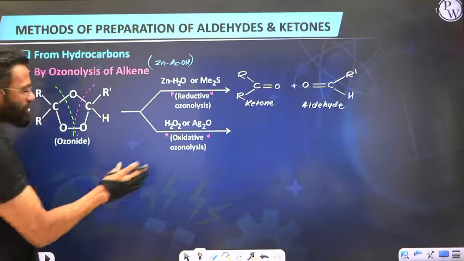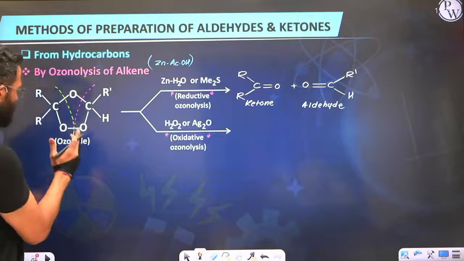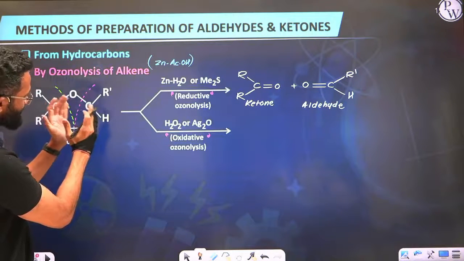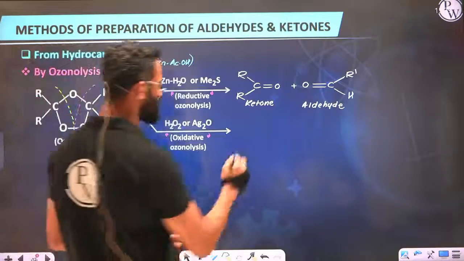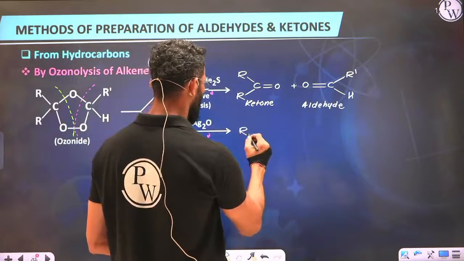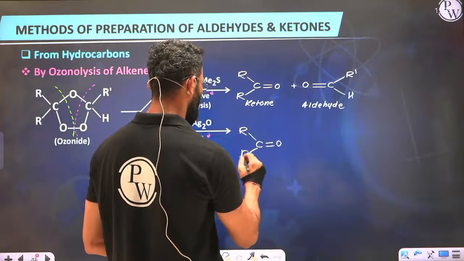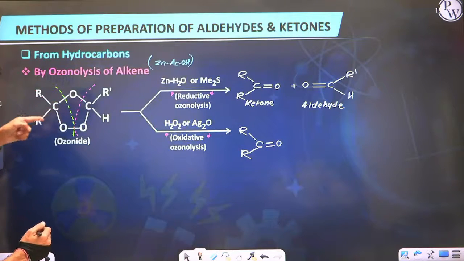Similarly, if you carry out oxidative ozonolysis, the bond breaking will take place in exactly the similar manner. So the left hand side part is again forming ketone and the right side part, as of now, we can see it is forming aldehyde. So let me first write down the product which we expect. R C double bond O and R, that is ketone.